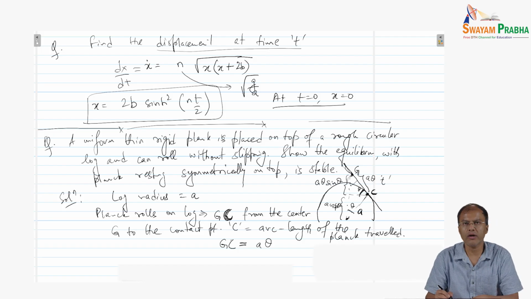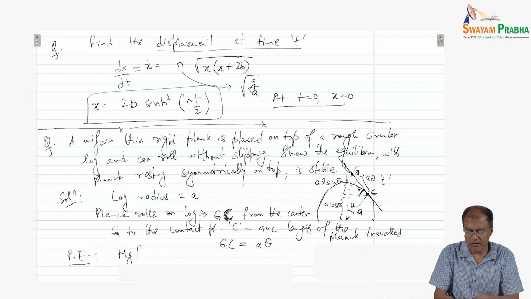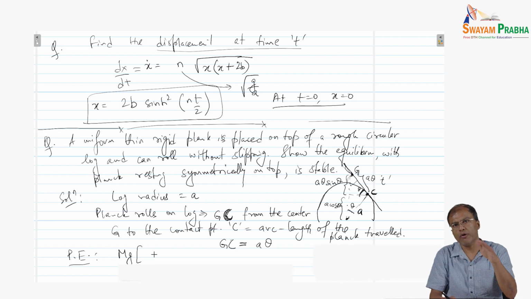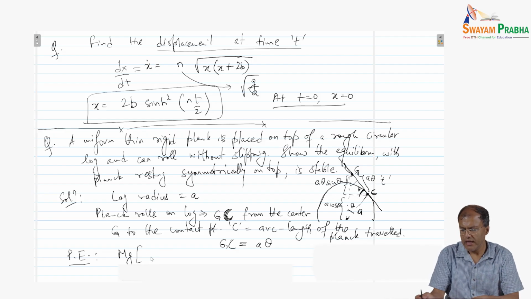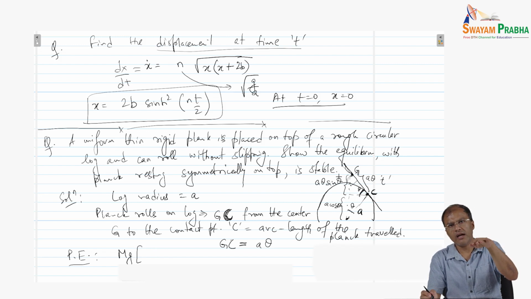So I'm ready to write down the potential energy of the system. The potential energy will be m times g times the distance traveled by the plank from the zero potential. Originally the plank was sitting happily at the top. We can take that position at t equal to 0 to be the zero potential.